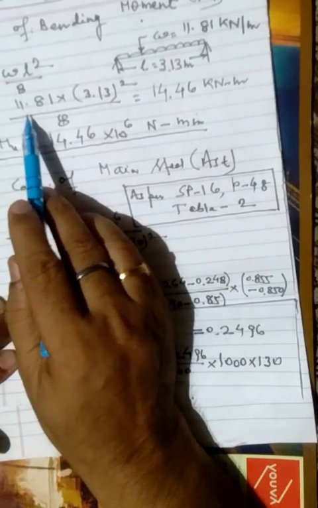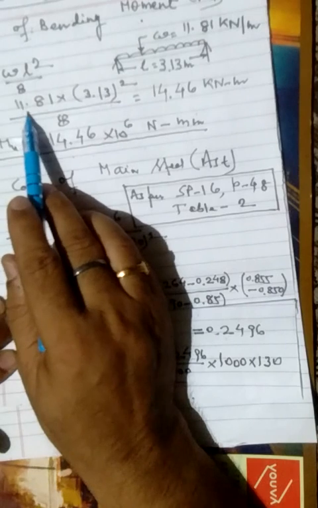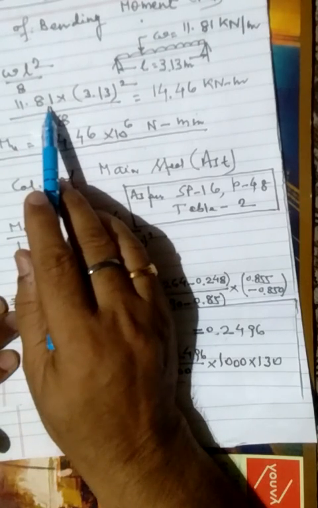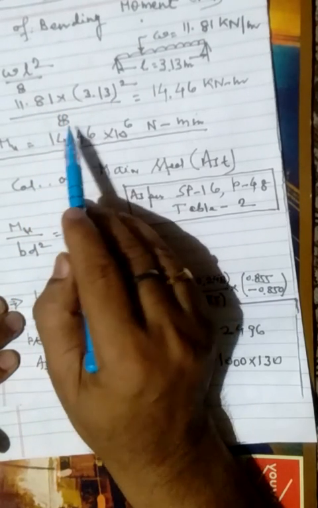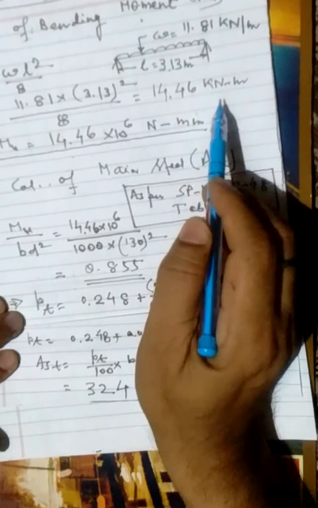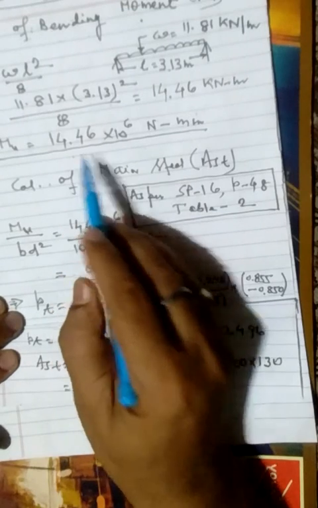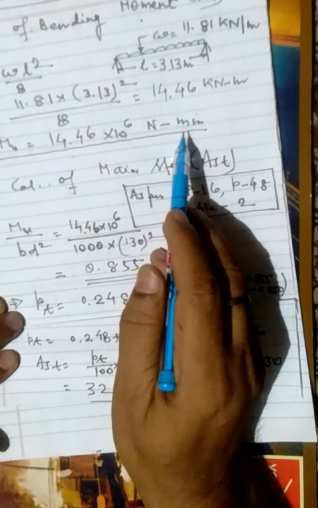So putting all the values, that is this 11.81 total UDL multiplied by 3.13 square by 8 comes 14.46 kilonewton meter. Now we convert this in Newton millimeter, comes 14.46 into 10 to the power 6 Newton millimeter.